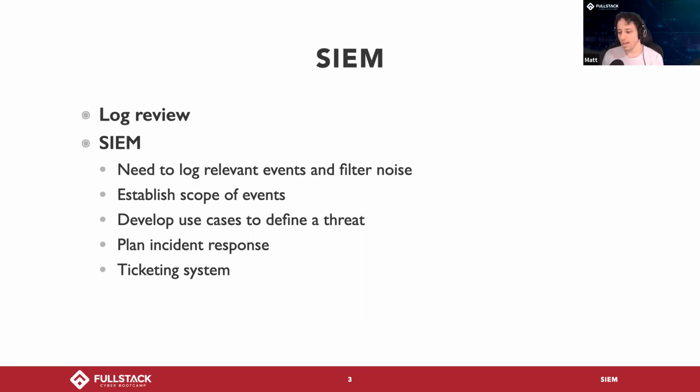Maybe someone logs in with their VPN in Asia, which is fine. Maybe you're an international company and someone's on business. But then you also find out their ID was used in a server building the same day that's in the United States. And you're just like, well, that is certainly some kind of interesting security event.